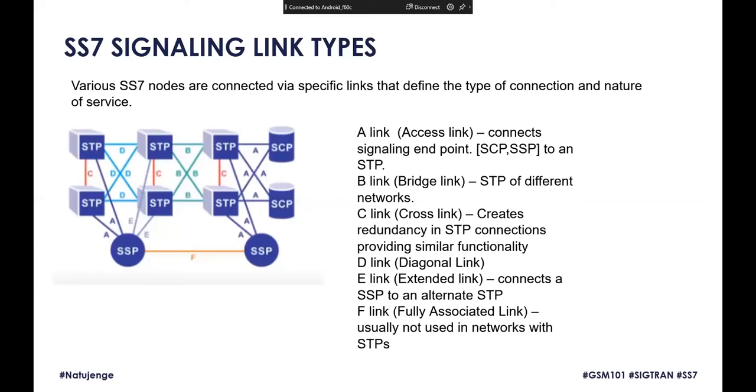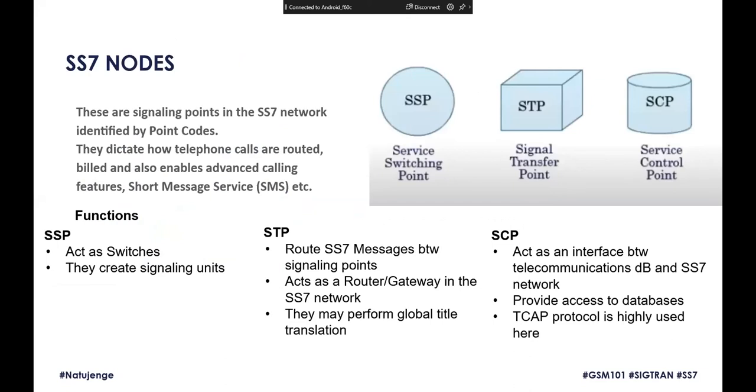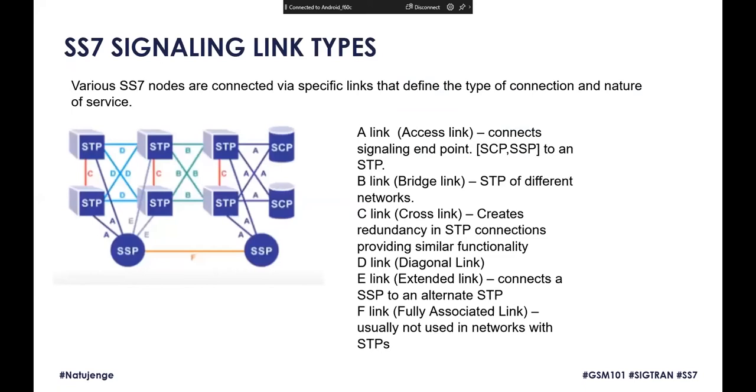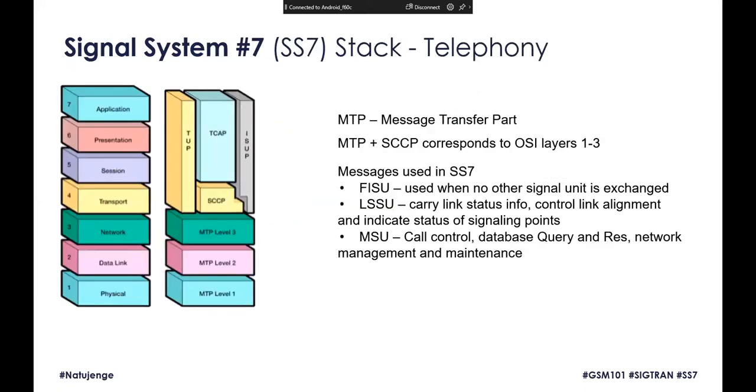As I've mentioned, we have various links which interconnect the various nodes in the SS7 network, which are illustrated there. Then moving forward, we can see the SS7 stack, which employs various levels that correspond to levels in the OSI layers, from the message transfer part to the SCCP.